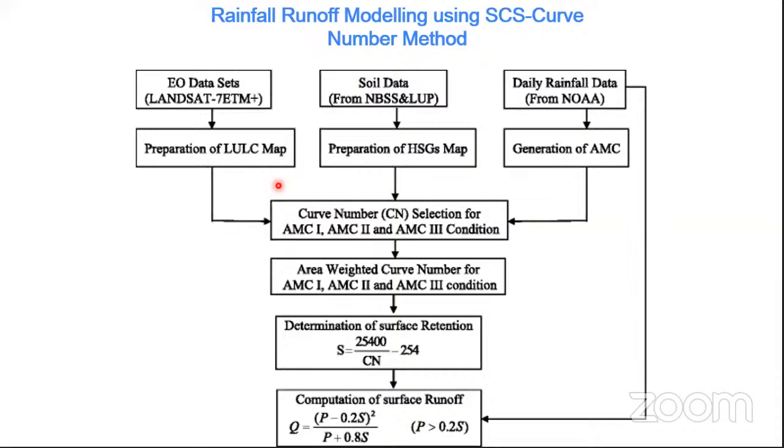And not only that, you can do some advanced tasks with the help of Google Earth Engine. When we talk about rainfall runoff modeling, we are totally dependent on some software and tools. Either we have to download the data sets, like preparation of land use land cover with the help of Landsat, then we prepare the soil map, then we prepare the rainfall data, and after accumulating all these data sets, we calculate the rainfall.